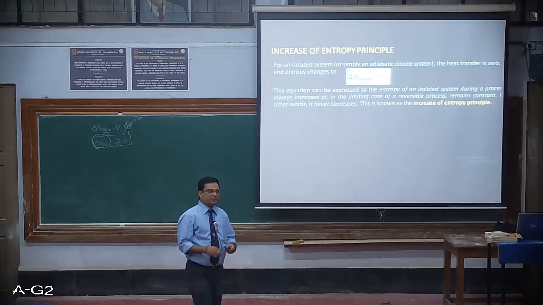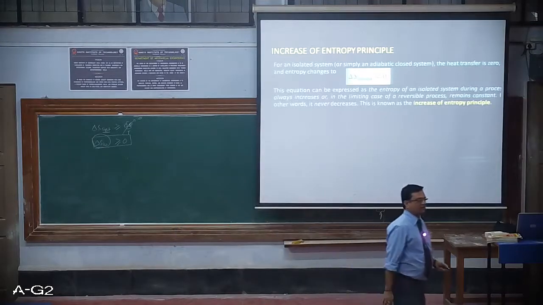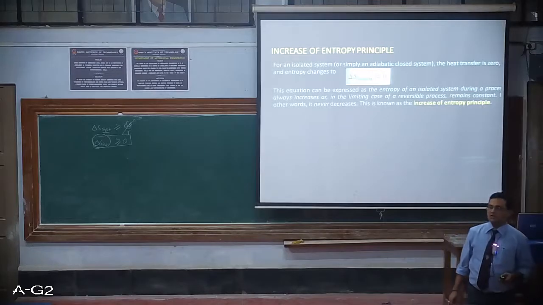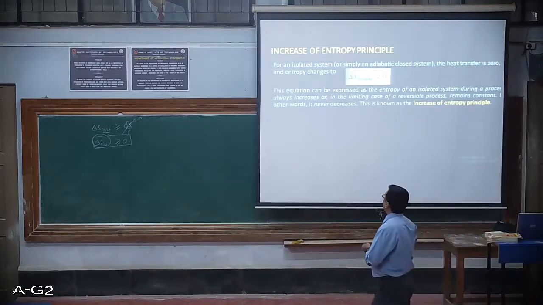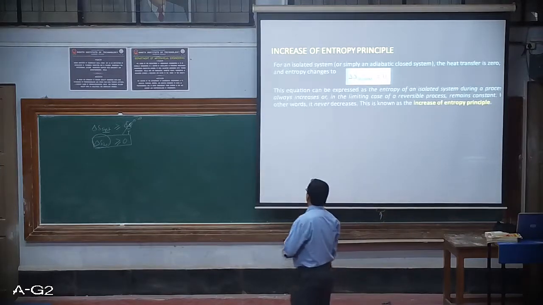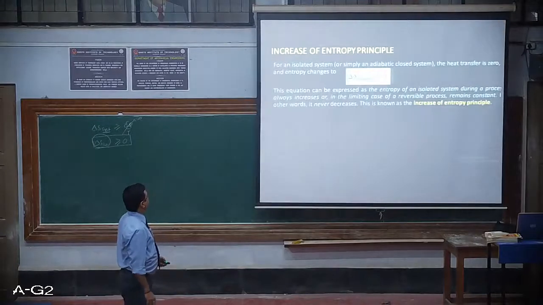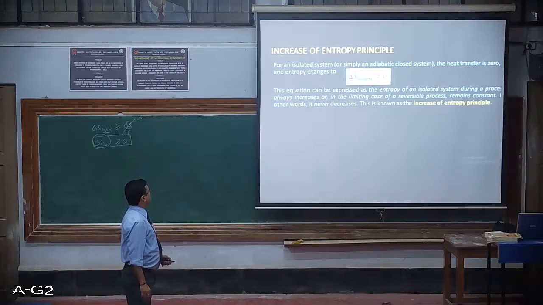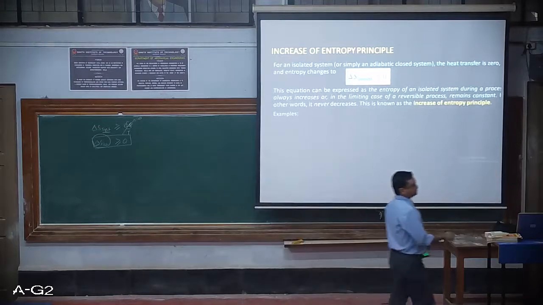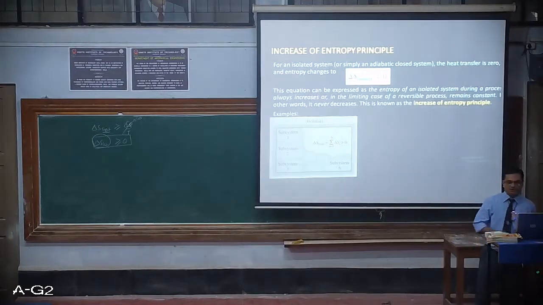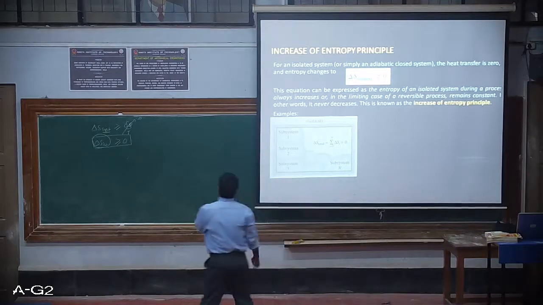So if any process that occurs in nature is not a reversible one, then it always leads to generation of entropy. So that principle is called the increase of entropy principle. Okay, for example, let's take an example of this, where I have shown that the system is isolated.